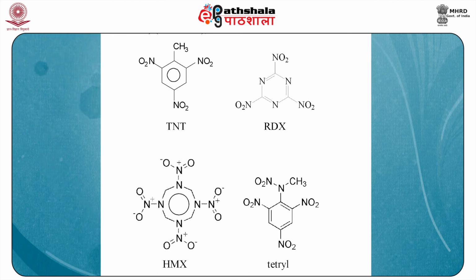Every molecule of the compound separates into two or more new molecules, mostly gases, with the liberation of energy. Examples: nitroglycerine, acetone peroxide, organic peroxide, TNT, nitrocellulose, RDX, PETN, HMX.